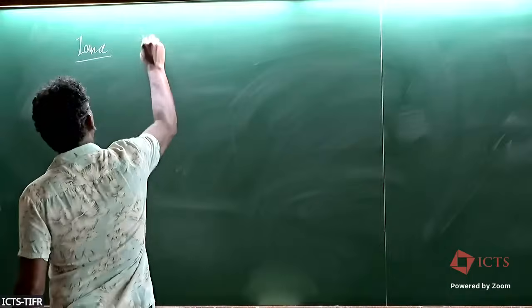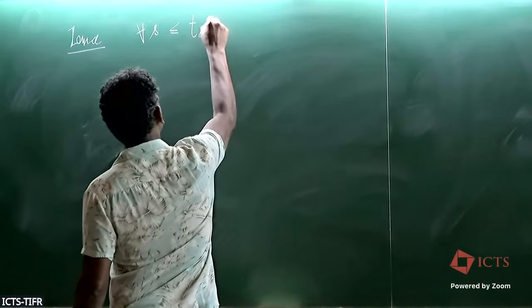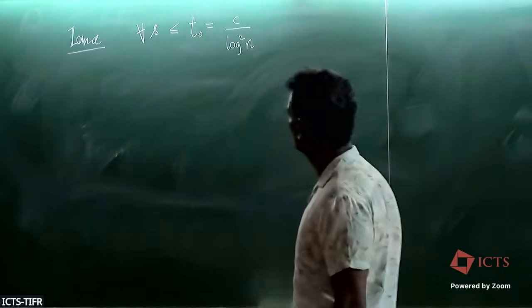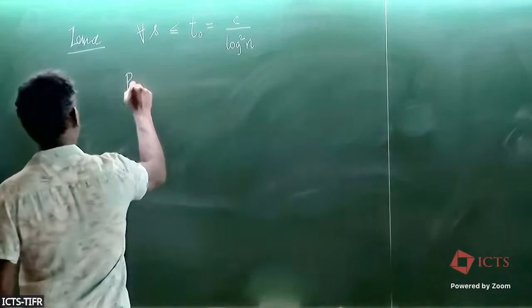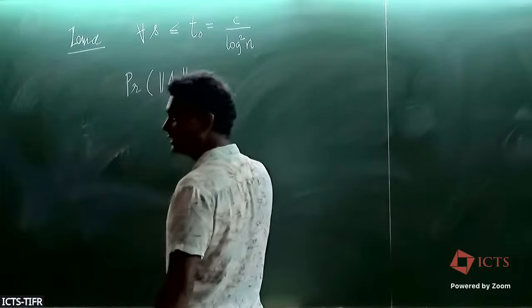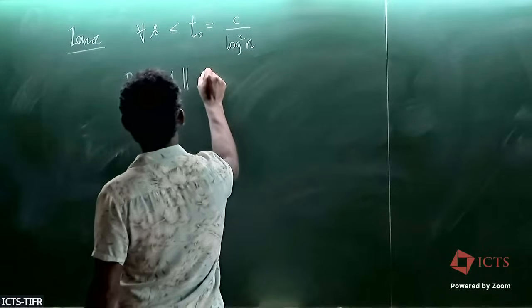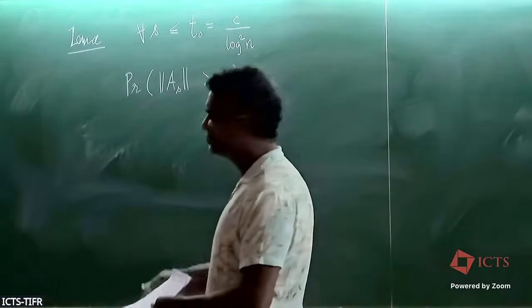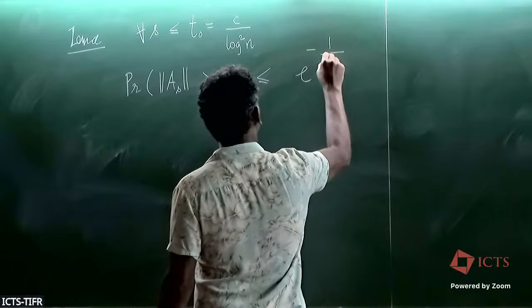For all s less than or equal to t_0, which is a constant over log squared n, so not up to constant time, but up to time 1 over log squared n, the probability that the operator norm at time s, anywhere between 0 and t_0, it starts at 1, exceeds 2, where 2 is a constant and you can make it 1.1, is less than e to the minus 1 over t_0.